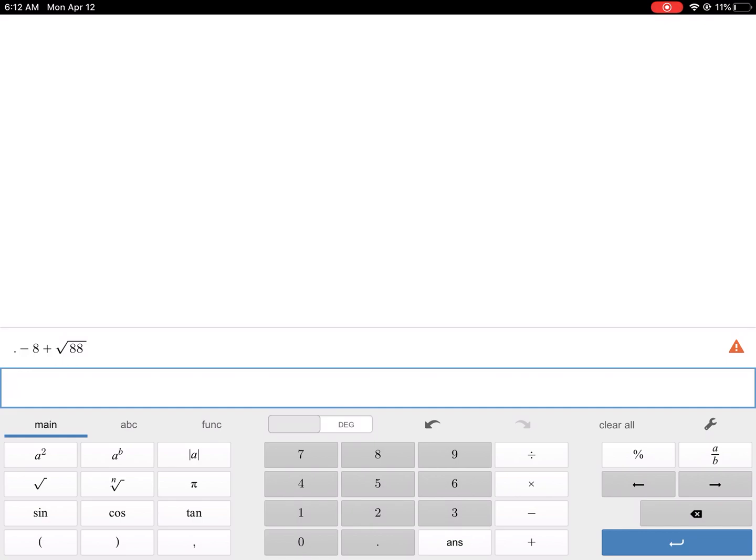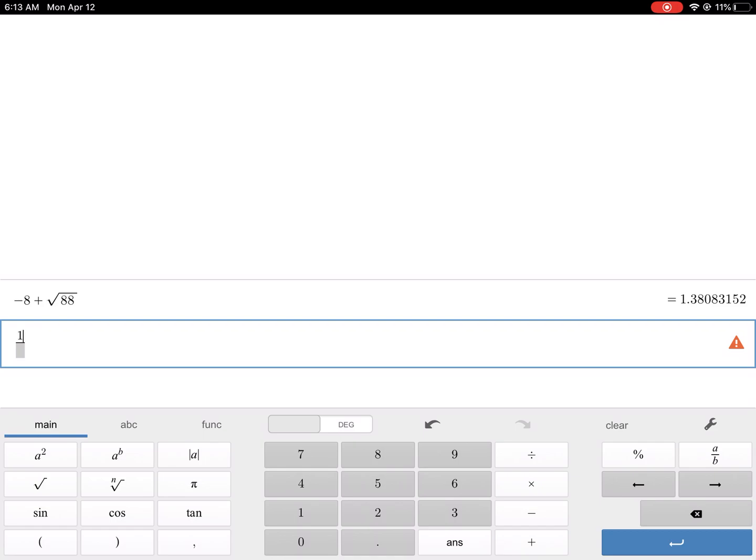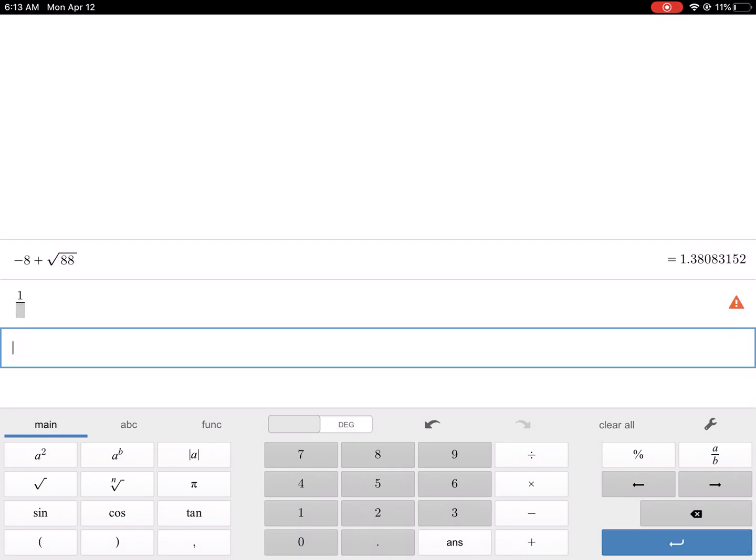It doesn't like that. Oh, I got a decimal in there, that's why. There we go. Then I'll divide that by 12. Geez, not having very good luck this morning.